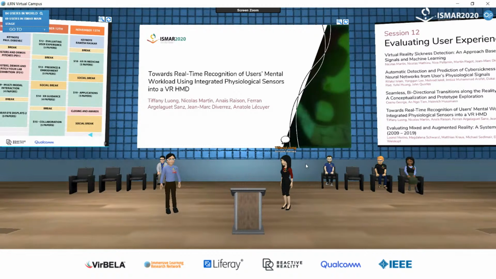Basically, the ocular activity was the best sensor to recognize users' mental workload in our case, followed very closely by the electrodermal activity and then the cardiac activity. And task performance didn't really help a lot in our case to predict the user's mental workload.